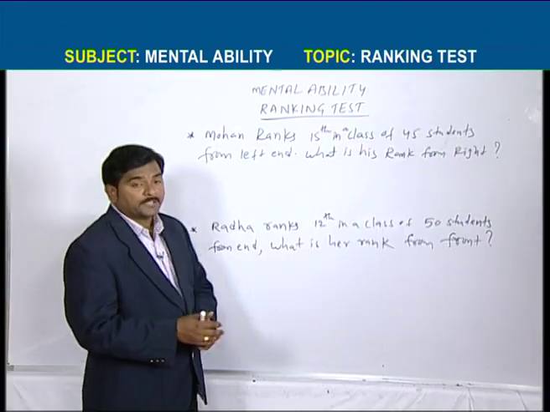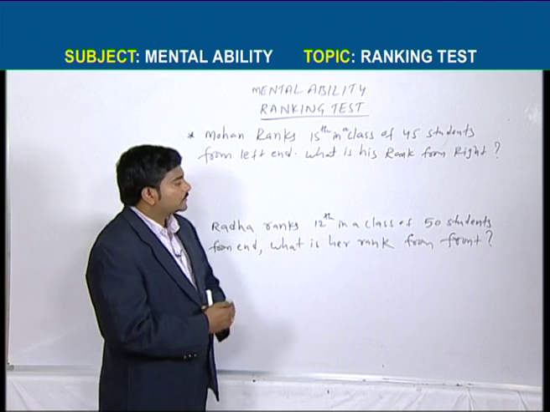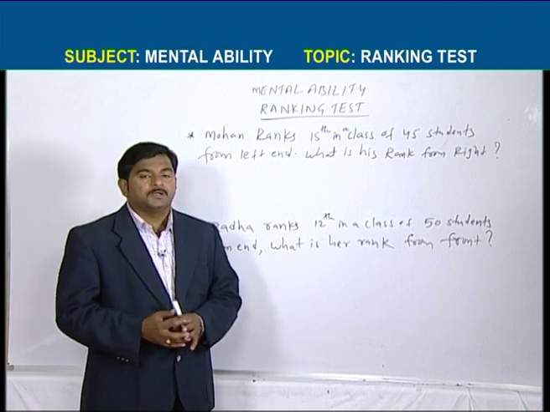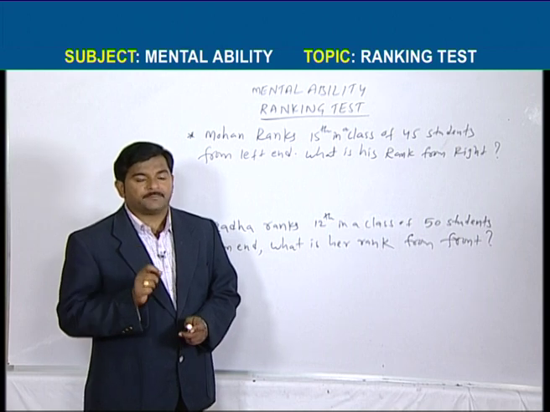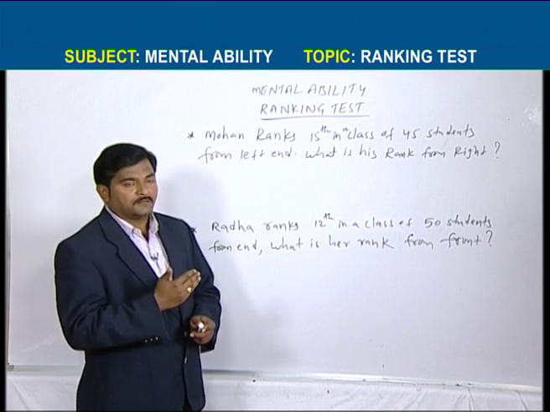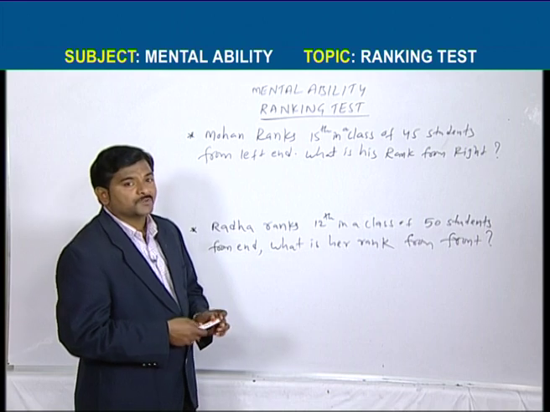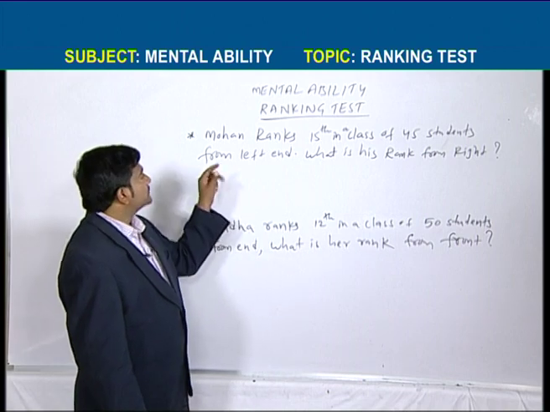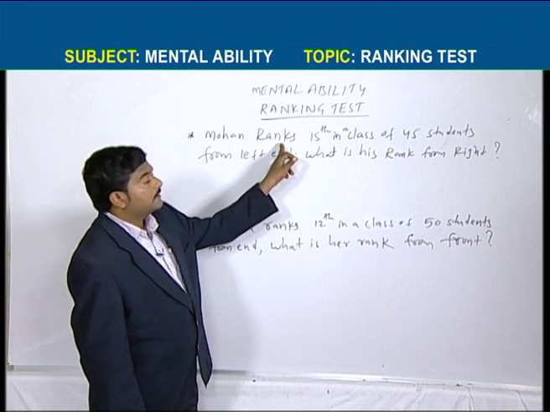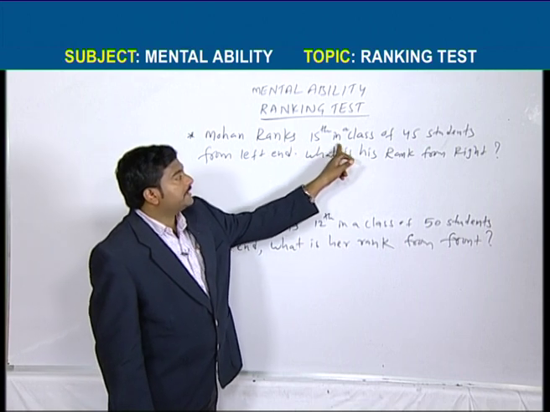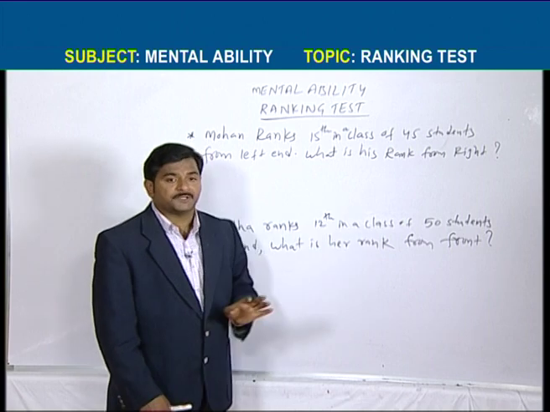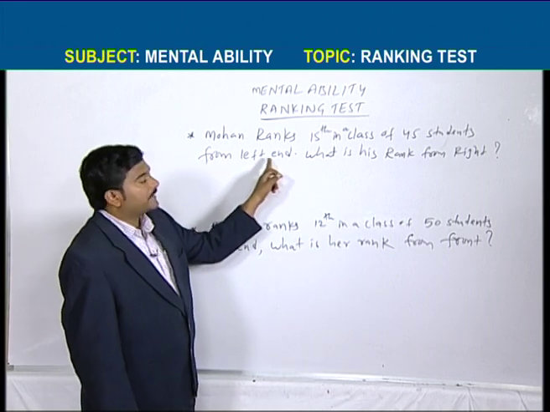Okay, so I have taken some questions. These 2 questions can be solved by using the formula T is equals to n plus k minus 1. The formula we know already. Now we will see the question once. What is the given first question? Mohan ranks 15th in a class of 45 students from left end.